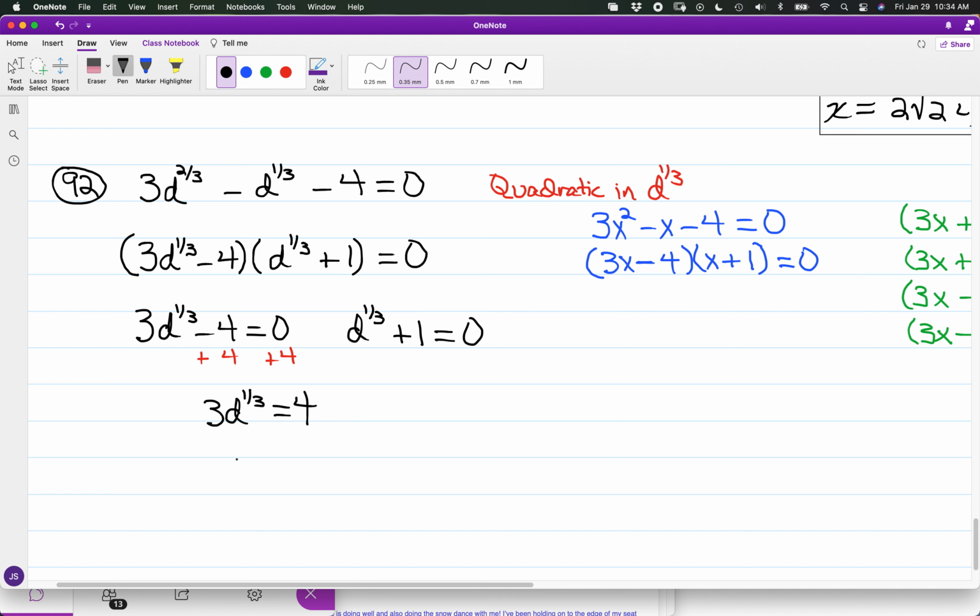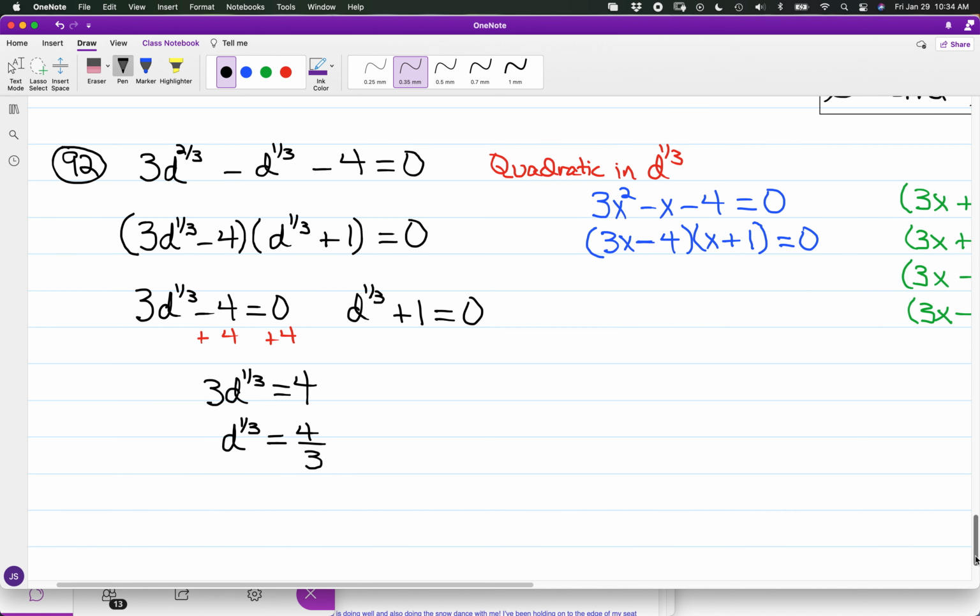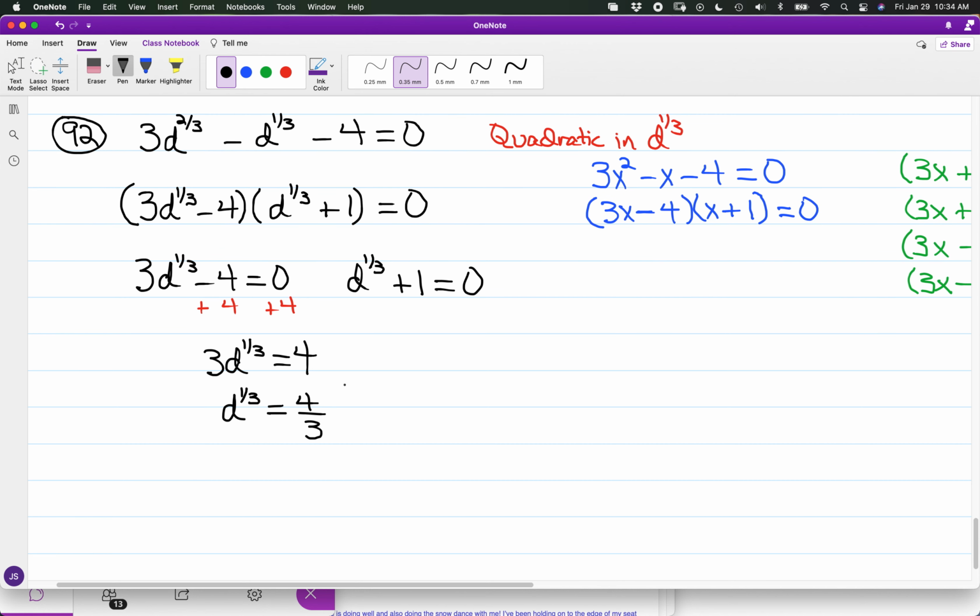So if I divide by 3, I have that d to the 1/3 is equal to 4/3. And again, just going back to converting between radicals and non-integer exponents. Now d to the 1/3, this is going to be the cubic root of d. So the cubic root of d is equal to 4/3.